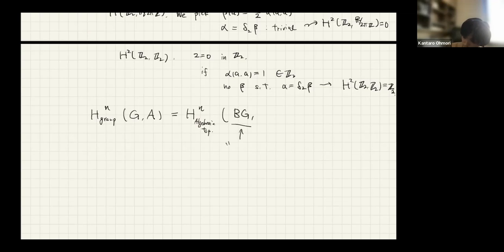This is the classifying space, valued in A. So there's some particular infinite dimensional topological space, a CW complex.